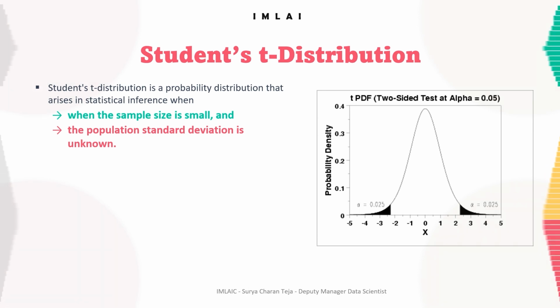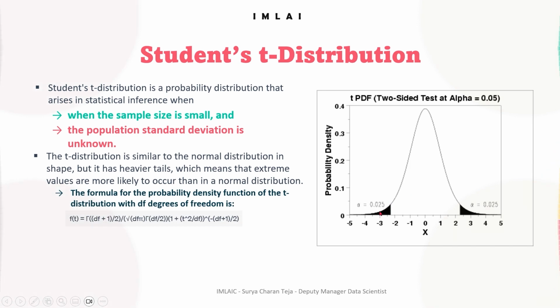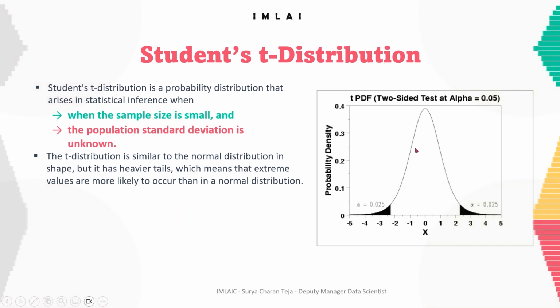So it is used to perform hypothesis testing and construct confidence intervals for the mean of a population. The t distribution is similar to the normal distribution in shape, but it has heavier tails, which means that extreme values are more likely to occur than in a normal distribution. Heavier tails are nothing but high probability on the ends.